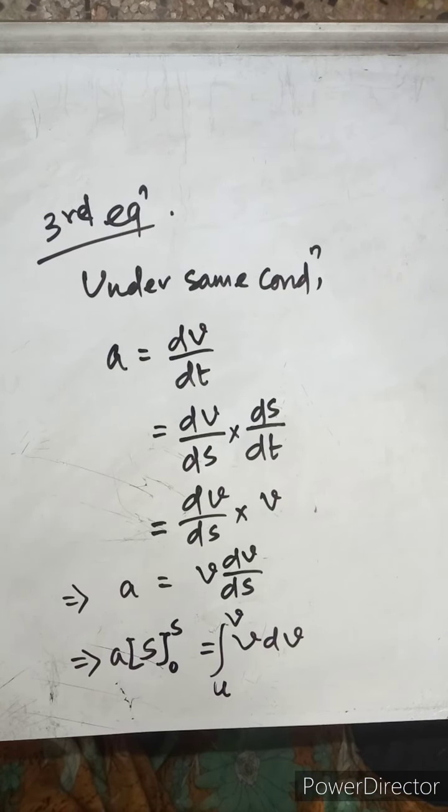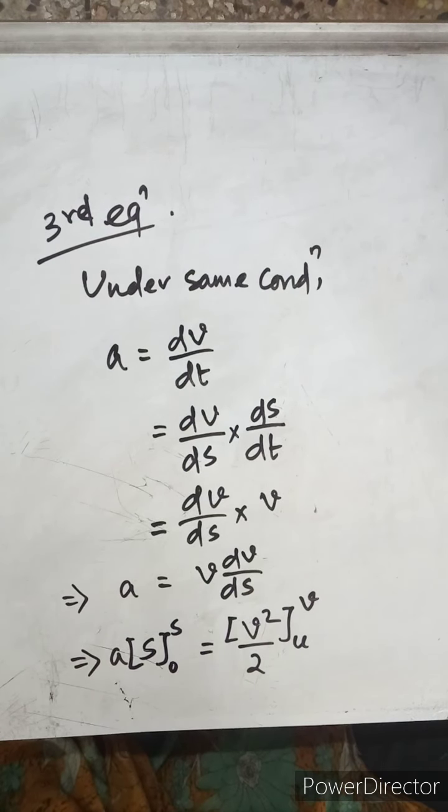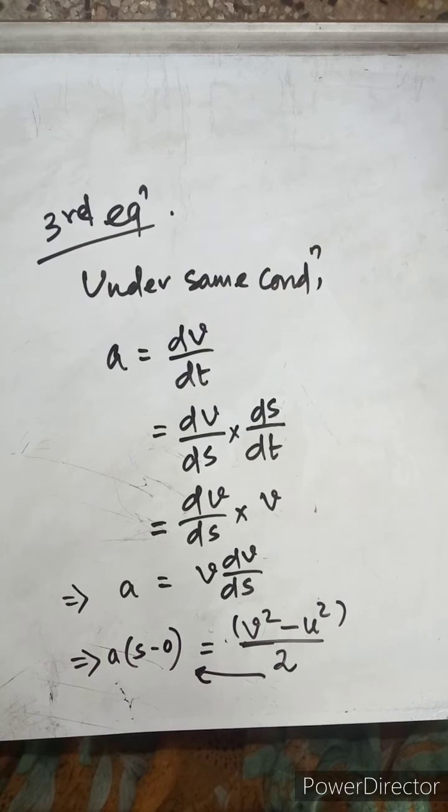So integration of ds is s, setting the limit from 0 to s, and integration of v dv is v square by 2, following the laws of integration, and we have set the limit from u to v. Now again, on the left hand side it is s minus 0, that is the upper limit minus the lower limit, and on the right hand side the 2 is a constant, it stays at the denominator as it is, v square minus u square.